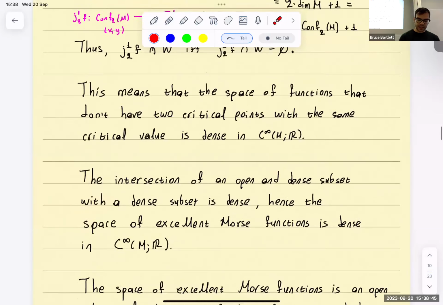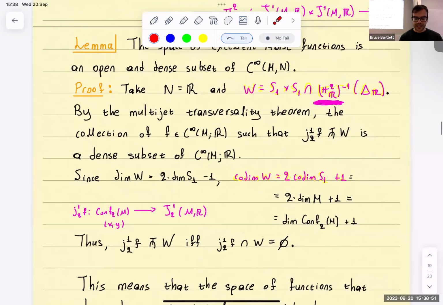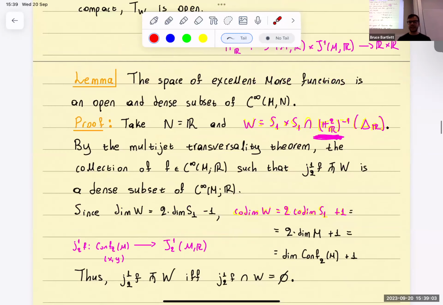Now you might say that we're not entirely done. You might be tempted to say, I didn't actually need the single jet transversality theorem, I could just state the multi-jet transversality theorem and directly get that the space of excellent Morse functions is dense.